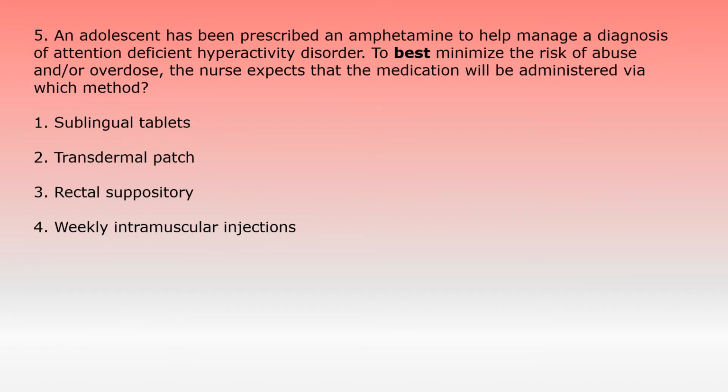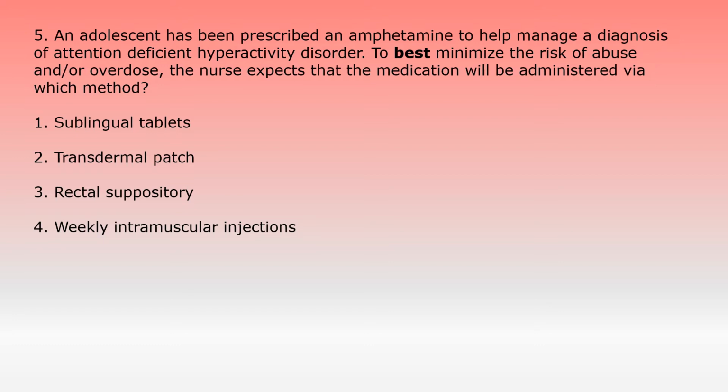5. An adolescent has been prescribed an amphetamine to help manage a diagnosis of attention-deficit hyperactivity disorder. To best minimize the risk of abuse and/or overdose, the nurse expects that the medication will be administered via which method? 1. Sublingual tablets 2. Transdermal patch 3. Rectal suppository 4.